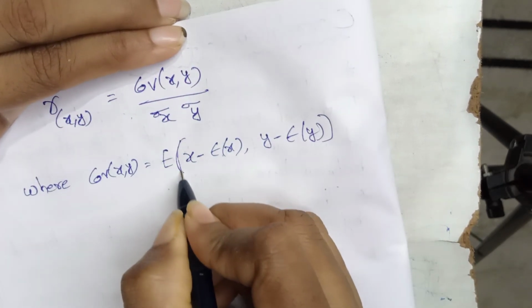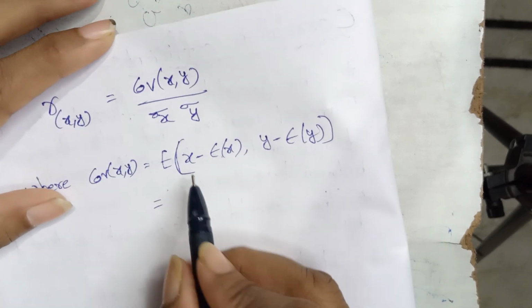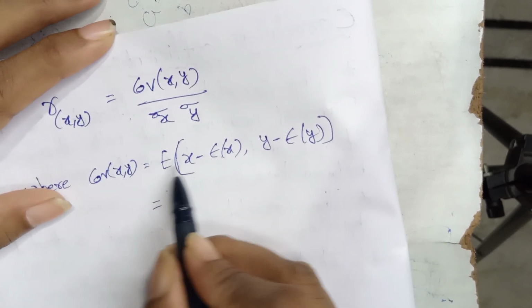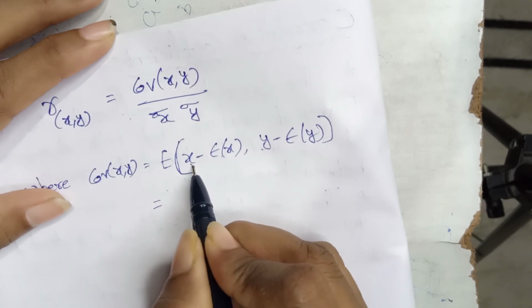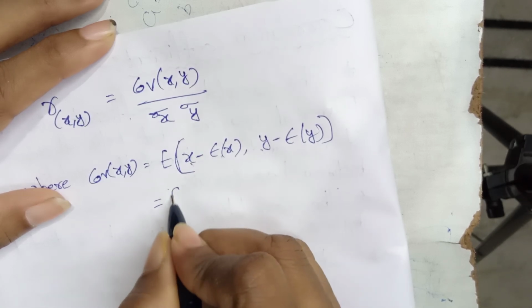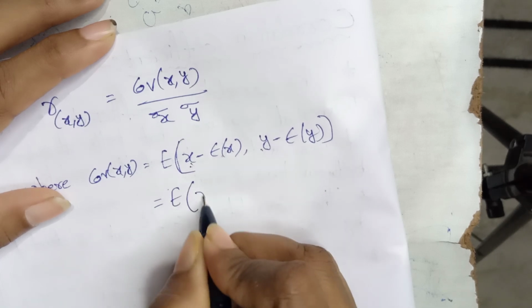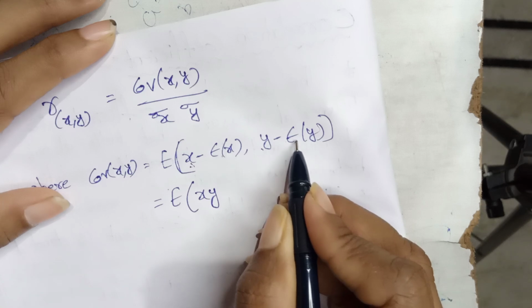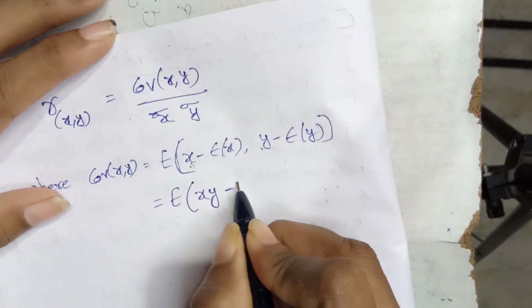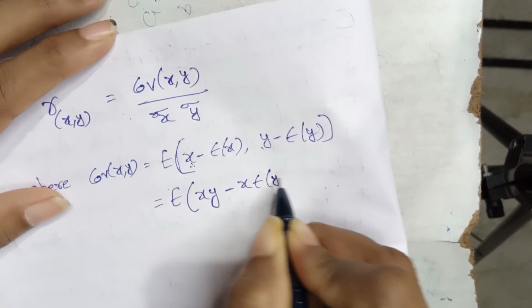Now we have to multiply these two. Expectation of x into y is xy. Again, x into minus expectation of y is minus x into expectation of y.